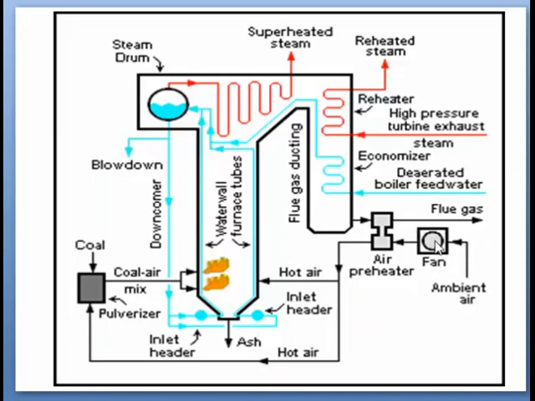We are showing only one fan, but there are basically a primary air fan and a secondary air fan. This air goes through the air preheater for preheating before sending it to the furnace, that is secondary air, or sending it to the coal mill to carry the pulverized coal to the furnace.